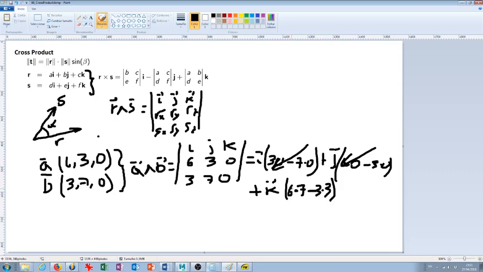This is 42 minus 9. So in the end we have a resulting vector of 33k.